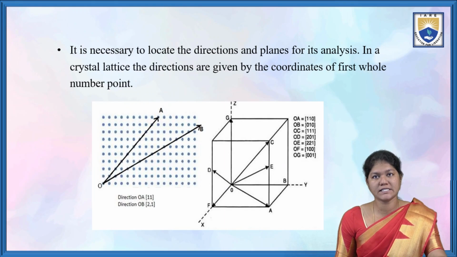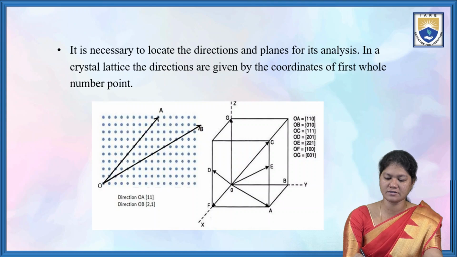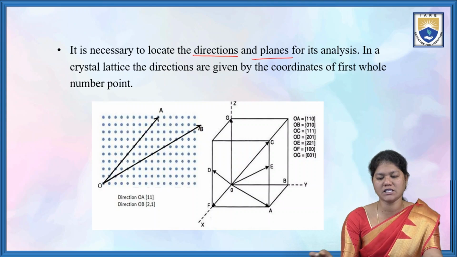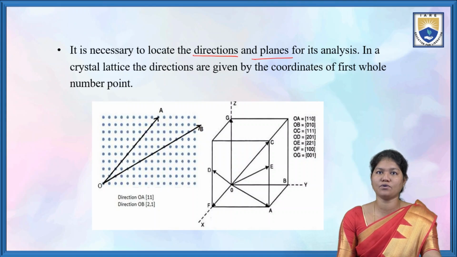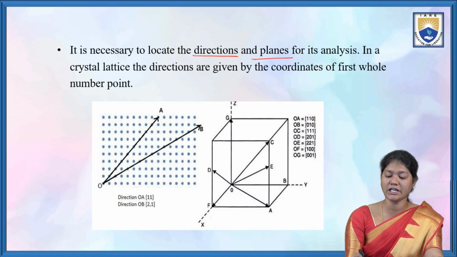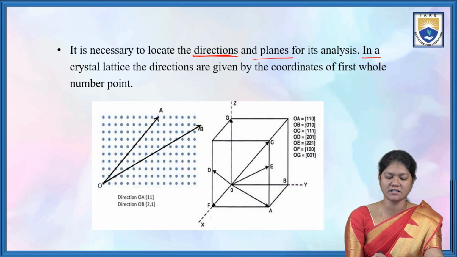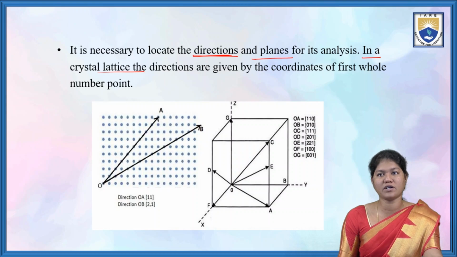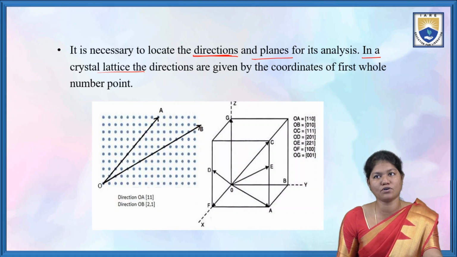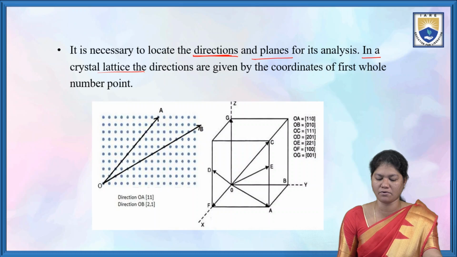So it is necessary to locate the directions and planes for analysis. To analyze the crystal system, it is necessary to locate the crystal directions and planes. In a crystal lattice, the directions are given by the coordinates of the first whole number point.